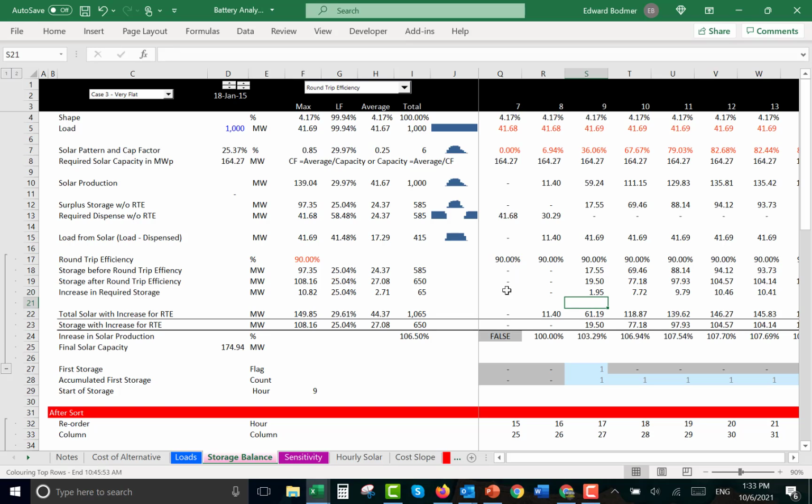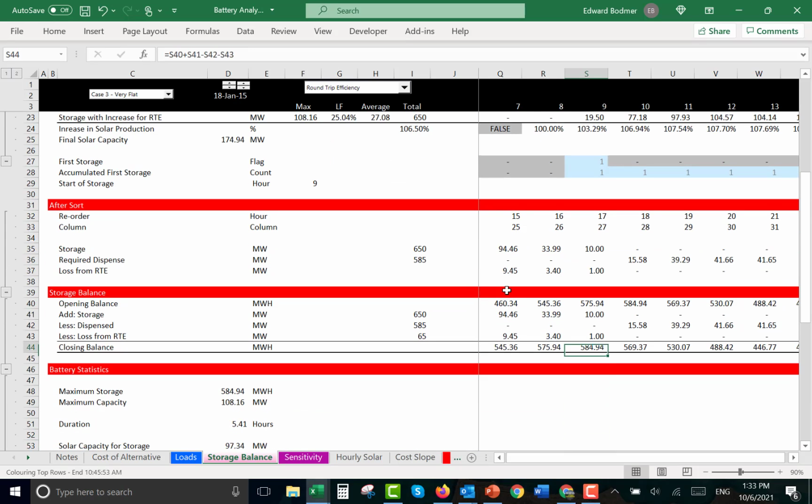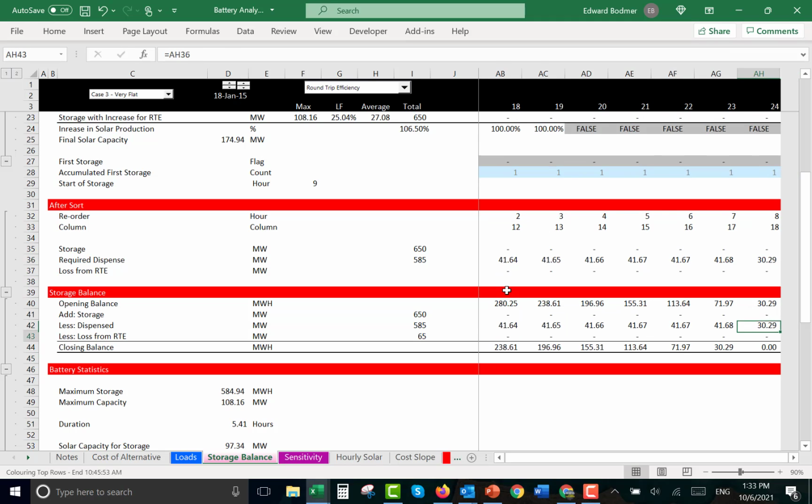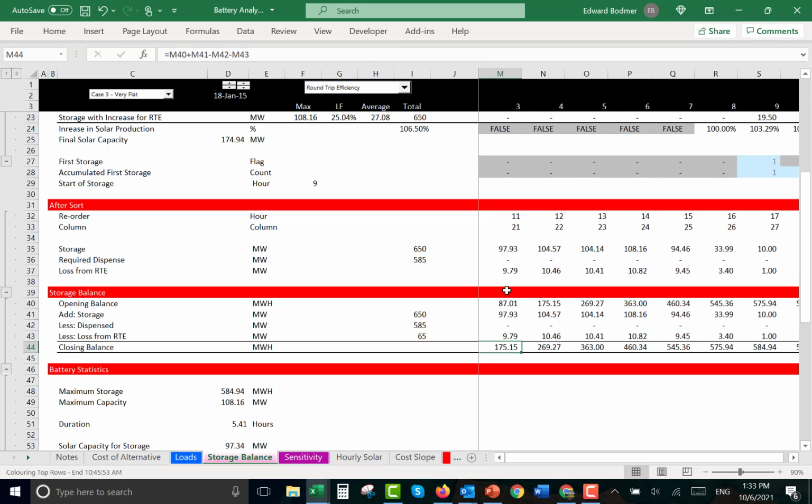Okay. And then we can take our solar power that we were producing with our solar capacity factor and see how much we need now. And we need more. When we have round trip efficiency, I was struggling with this a bit, but we need to get at the very end of the day a zero balance in our battery with or without a round trip efficiency.